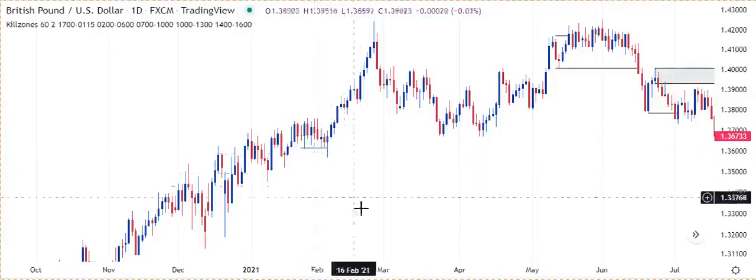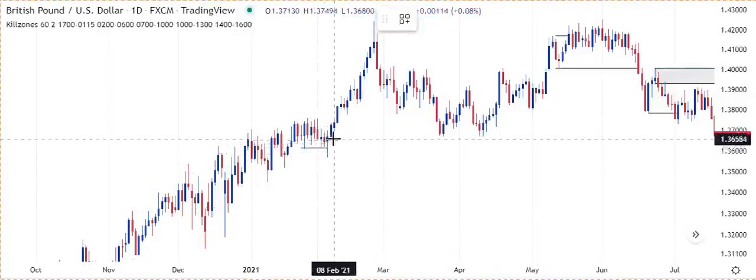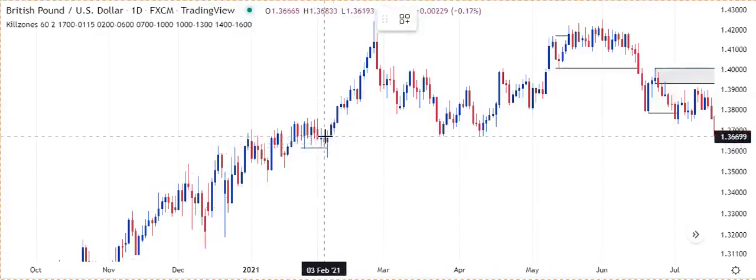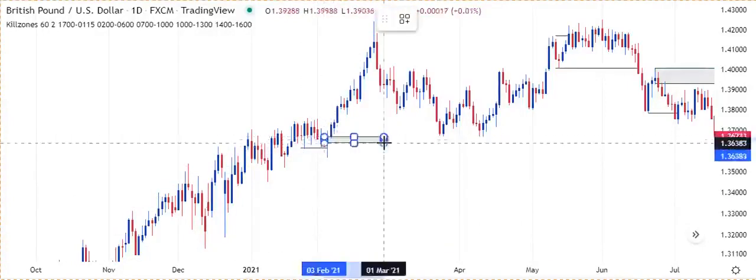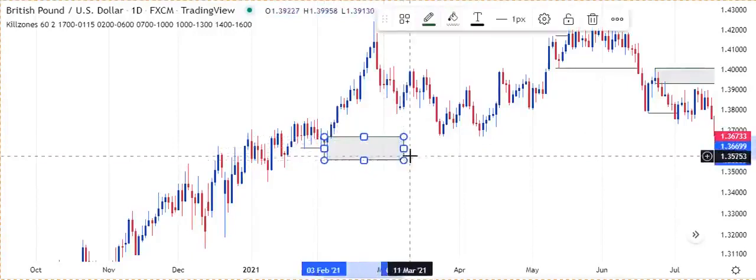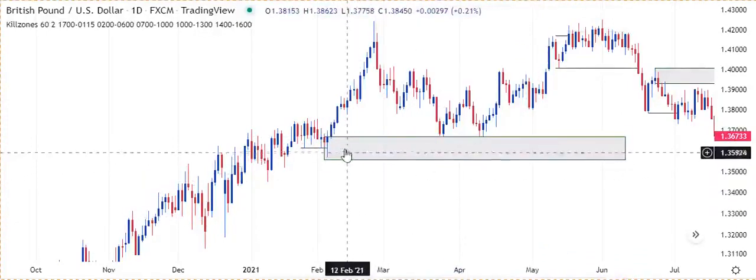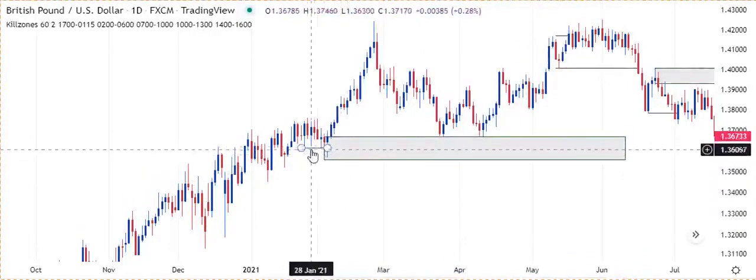This now becomes your OB. This blue candle that they used to push price becomes your OB. This is your OB, guys. They used that to clear this liquidity resting below here.